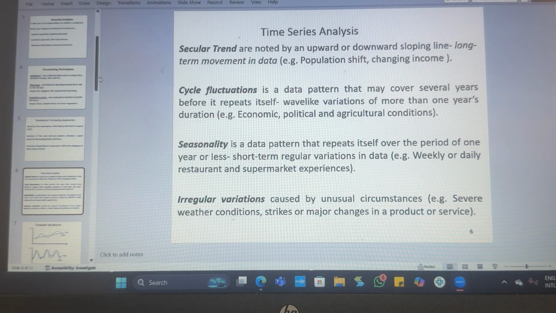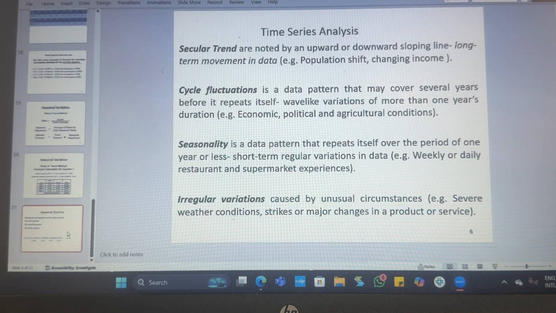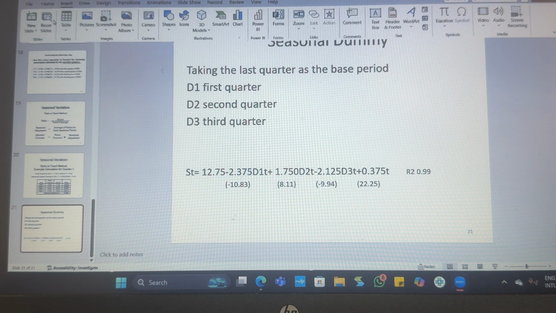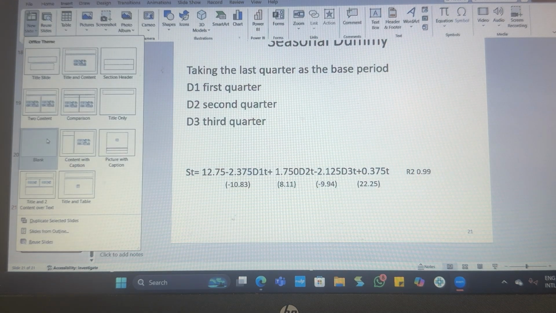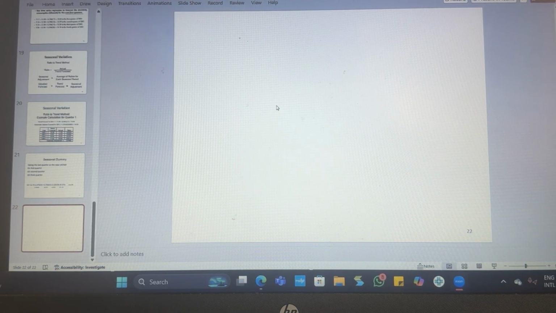So, for example, suppose that we have sales data like this.